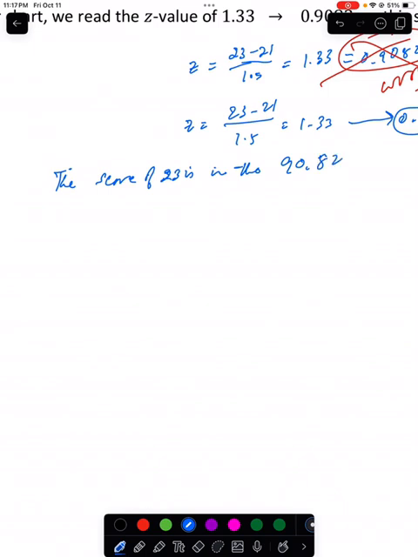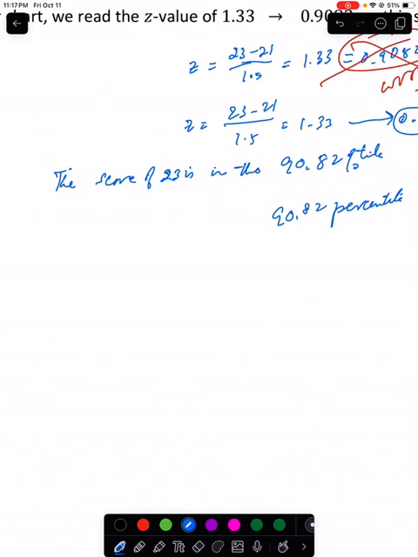So you can write like this, or you can write the whole word, 90.82 percentile. So this is how we find the percentiles. So remember, for percentile, you just look up the number, and we need the area to the left, which is what the table is giving us.